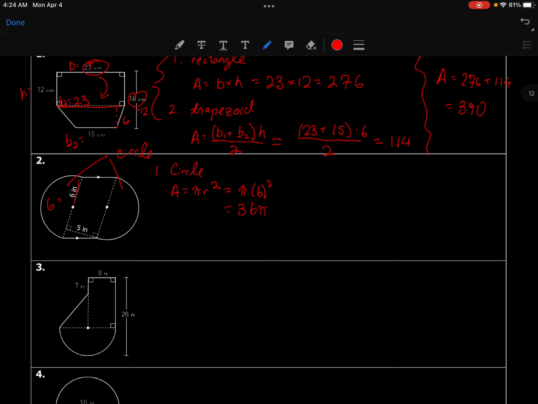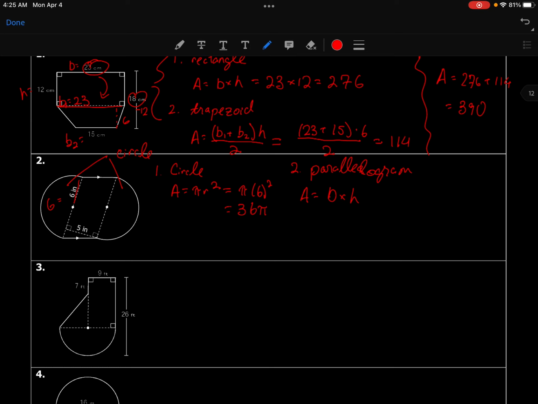All right, the other shape that we have here is a parallelogram. Sorry, I messed up. The area of a parallelogram is just base times height.